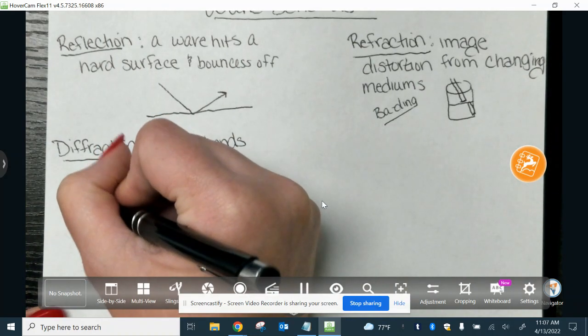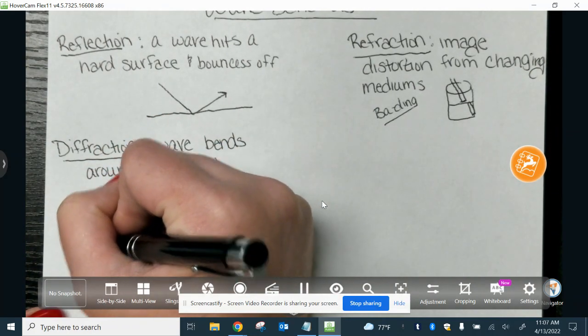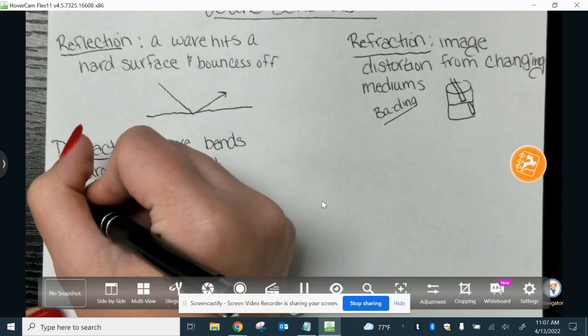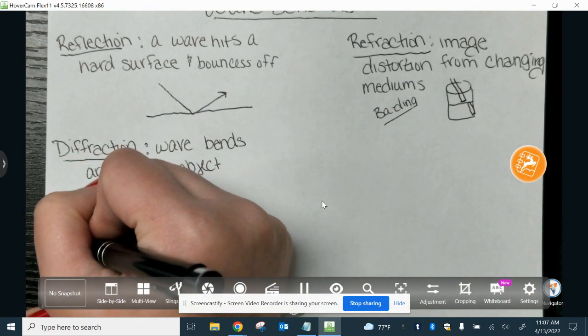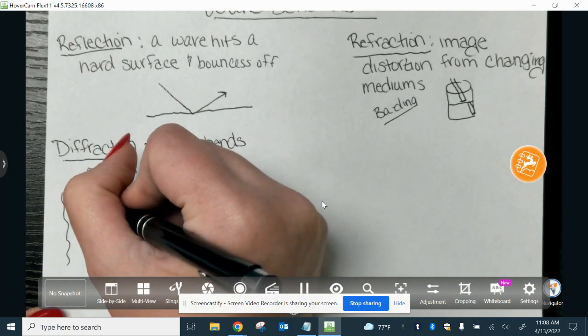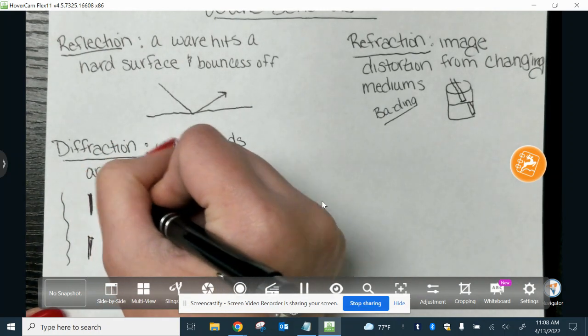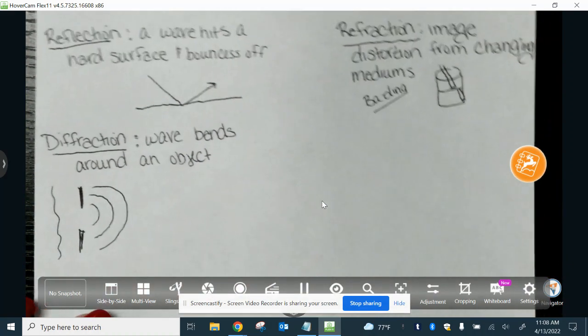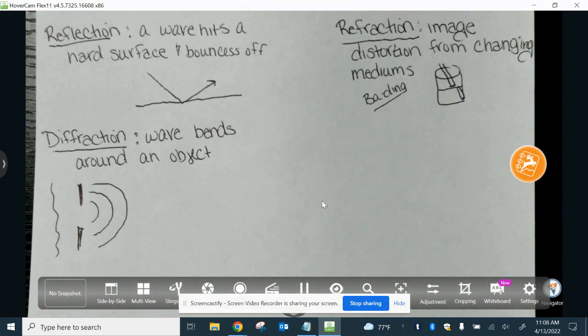The most common one you're going to see is when there's a hole in the wall and a wave is approaching. As it leaves the wall, its shape changes because it went through that hole.